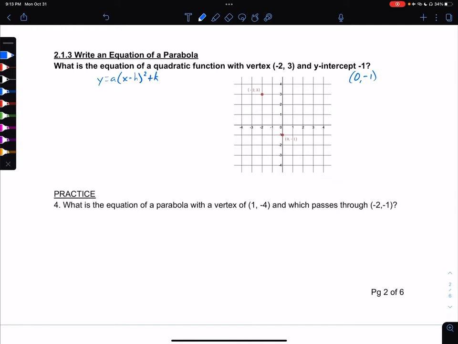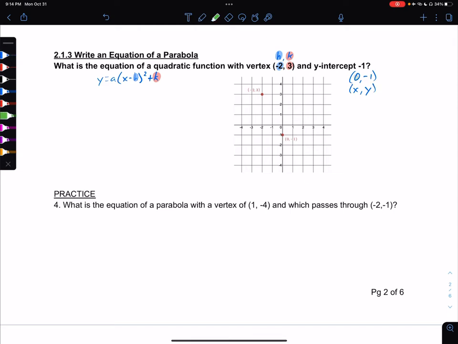Okay. So for y equals a times (x minus h) squared plus k, we want to remember that the vertex can also be looked at as (h, k). So that tells me that h is -2. That tells me that k is a positive 3. And then if I look at my coordinate point, (0, -1), coordinate points are usually looked at as (x, y).